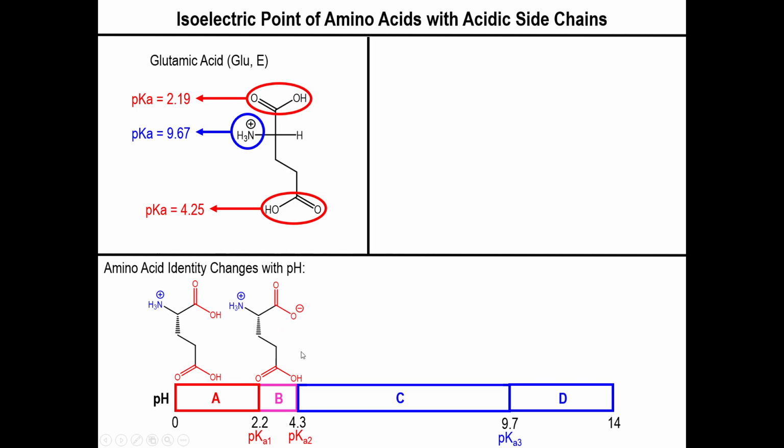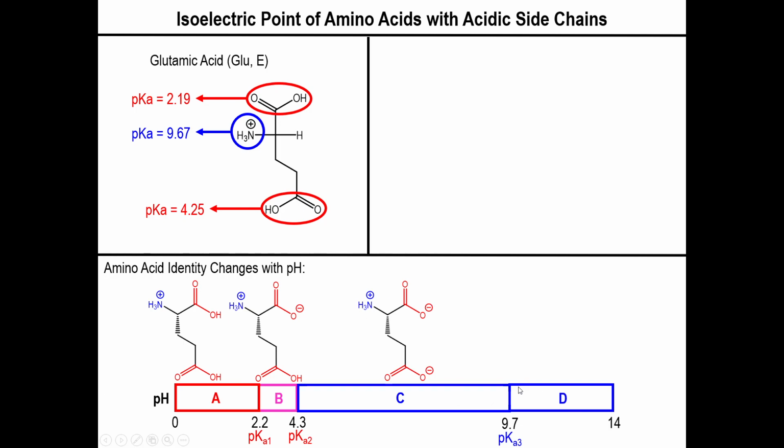When that takes place, notice that the charges overall will add up to 0. This will be a neutral molecule. And going beyond a pH of 4.3 will get us into the next deprotonation, which now will yield a molecule that is negatively charged, 1 minus if we want to be technical.